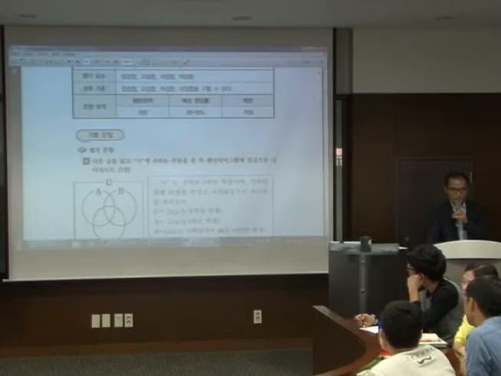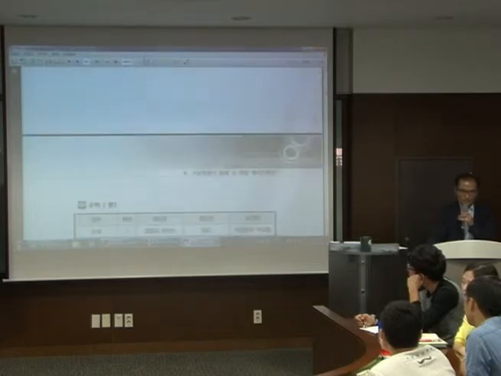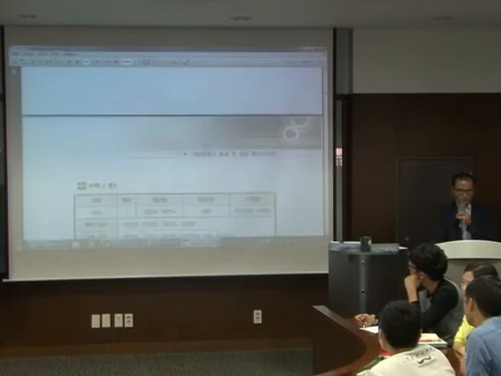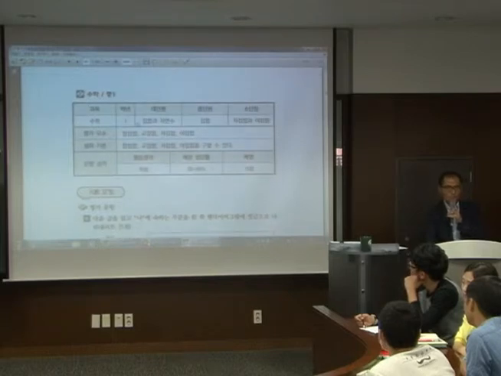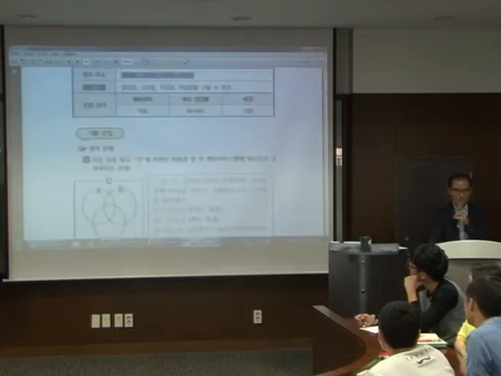Right here, as you can see, you may see it. In 7th grade mathematics, they categorize sets and natural numbers, and here intersection, union.